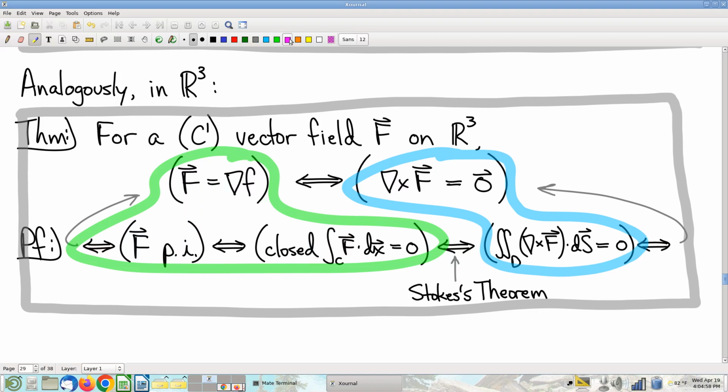Well, I need a theorem that relates closed line integrals to fluxes of the curl vector. As of Chapter 6, we had no such theorem, but as of now, we do. Stokes' curl theorem is exactly that. It says that every closed line integral can be computed as a flux, again assuming regularity.